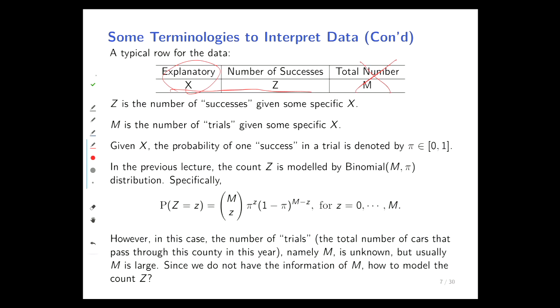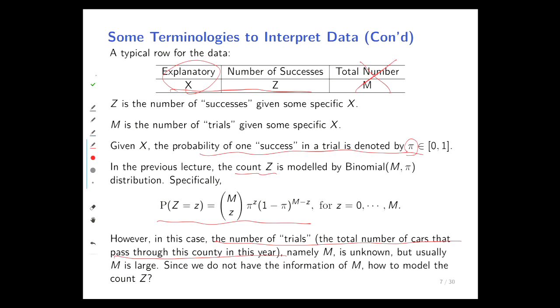And we have the probability pi, which is the probability of success, in our case the probability of an accident. If you still remember from the previous lecture, in order to model this count response Z, we use the binomial distribution. But the problem here is that the number of trials, the total number of cars that pass through a county in this year, is not observable.